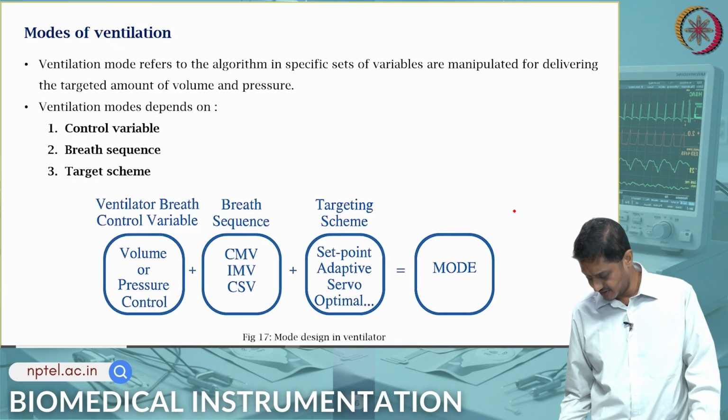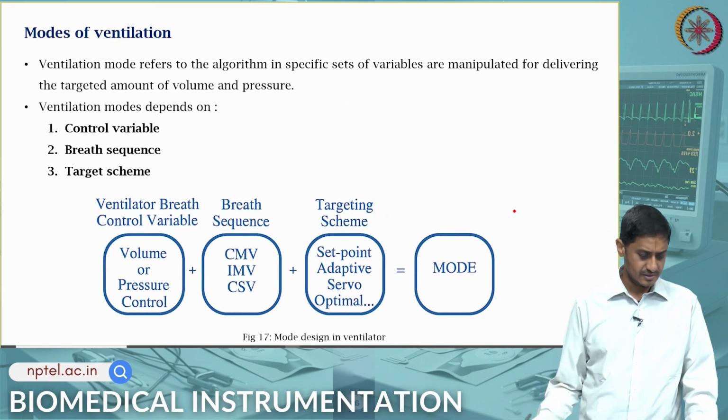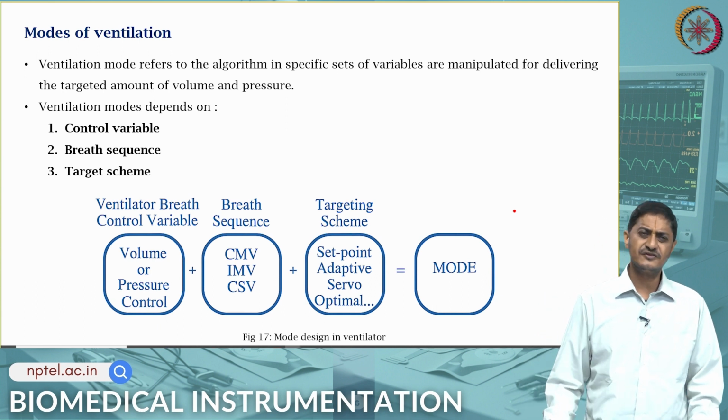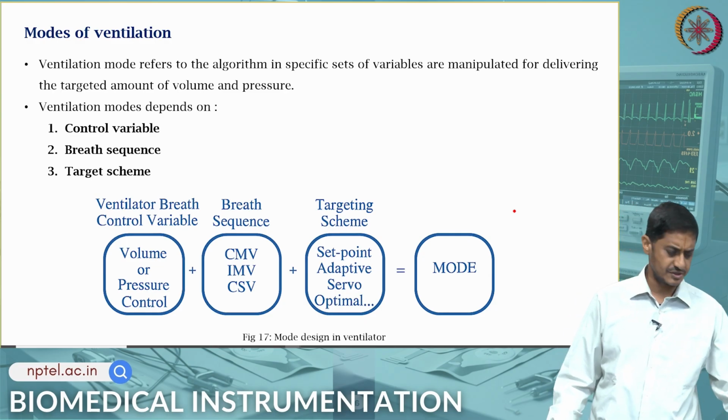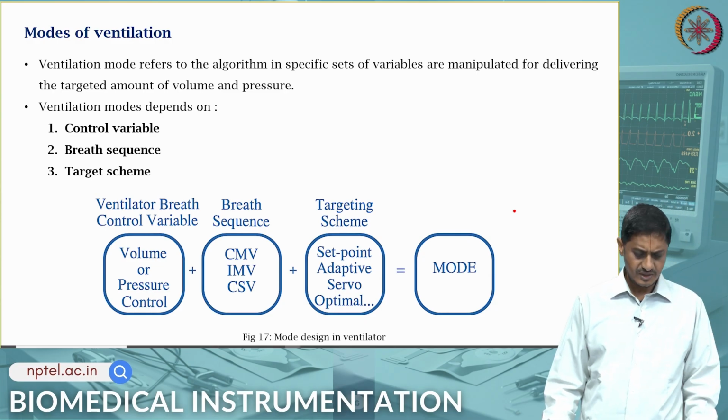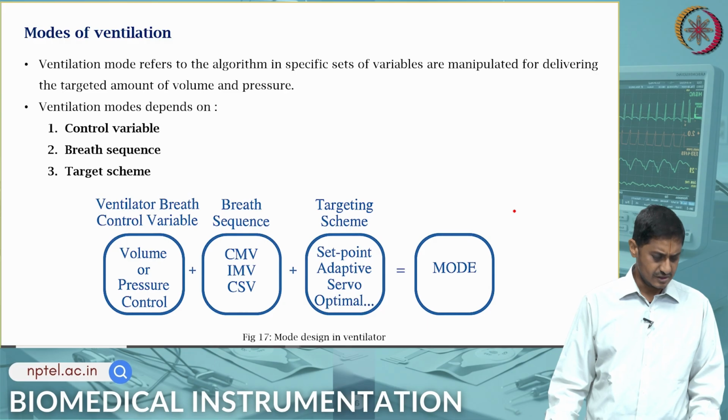What are the modes of ventilation? Essentially, what this refers to is a specific set of approach or algorithm that are used to manipulate specific variables for delivering a targeted amount of volume and pressure. There are different methods. First is the control variable.